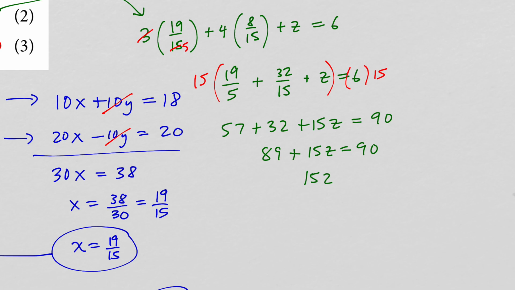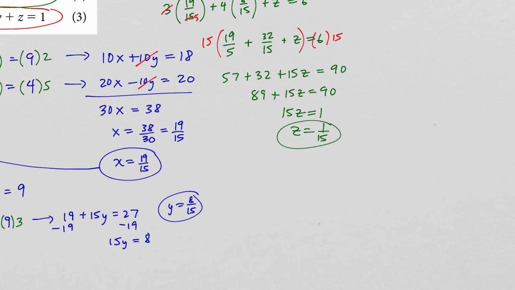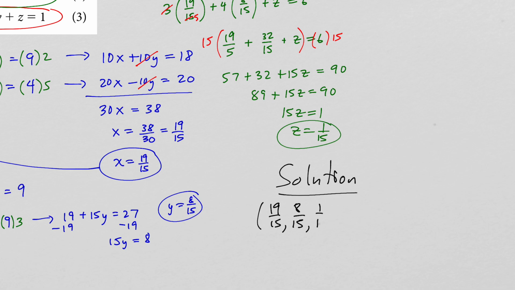Subtract 89 from both sides, we get 15z is equal to 1. And then finally divide by 15, we get z equals 1 over 15. So the solution is x equals 19 over 15, y equals 8 over 15, and z equals 1 over 15.